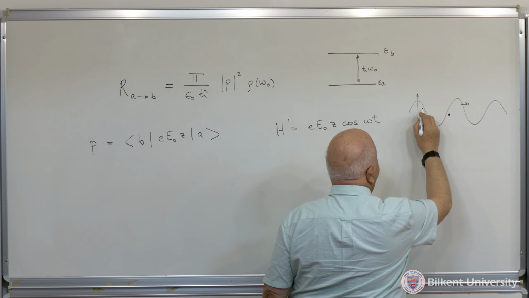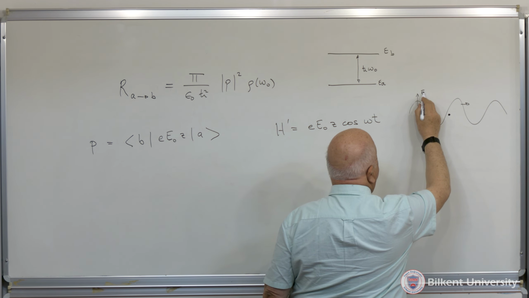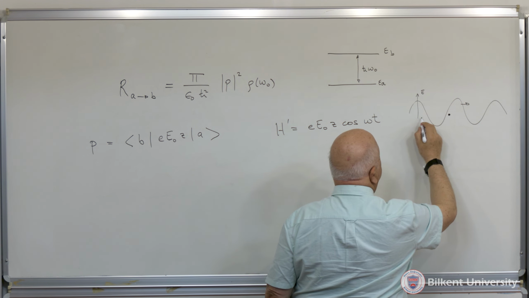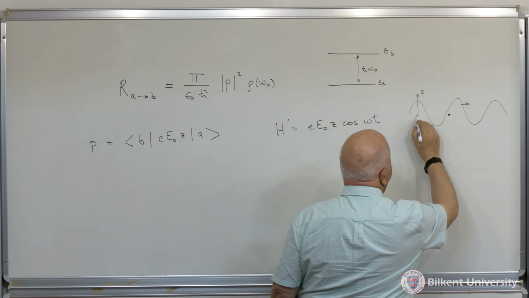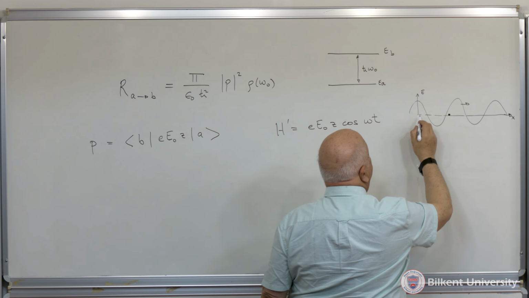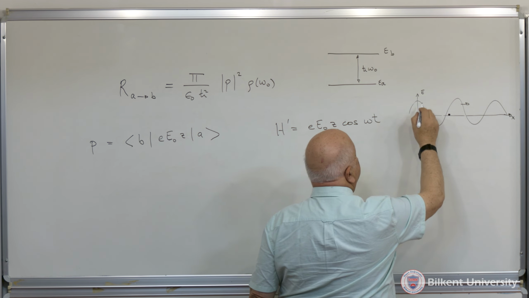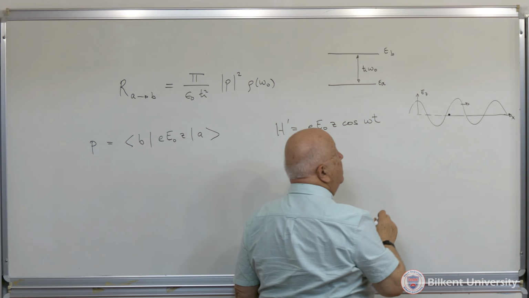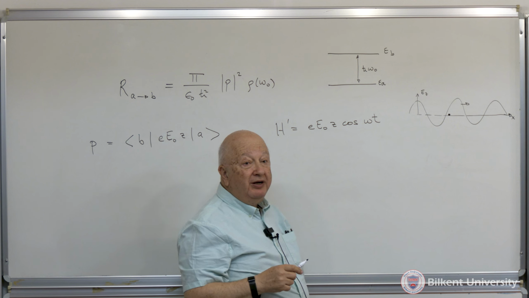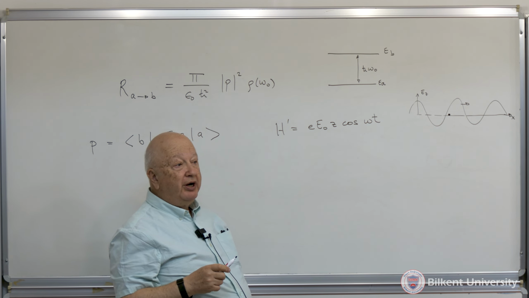So this is the electric field, and it's going to be in the Z direction. This is some other direction, say X or something. And this is the Z component of the electric field. And this electromagnetic wave is moving towards the right.